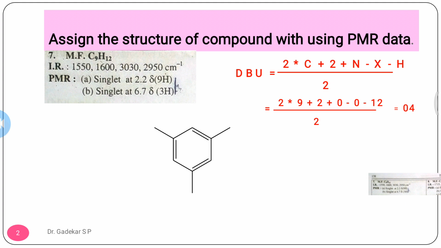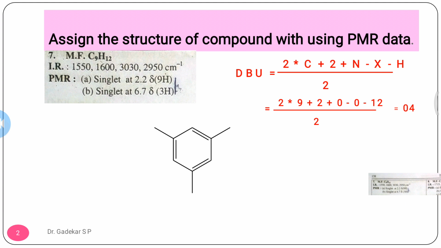Here is a possible structure: 1,3,4-trimethylbenzene. These three CH3 groups are chemically equivalent and give a singlet at 2.2 delta for 9 hydrogens. The benzene ring consists of 3 hydrogens, a singlet because the 3 protons are chemically equivalent.